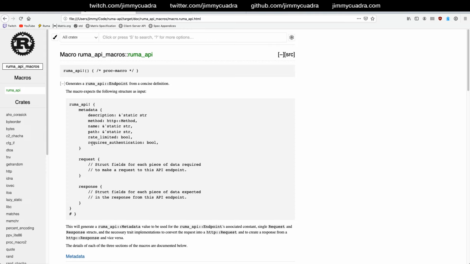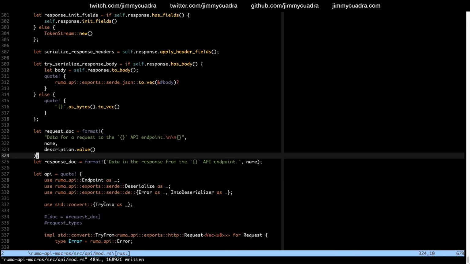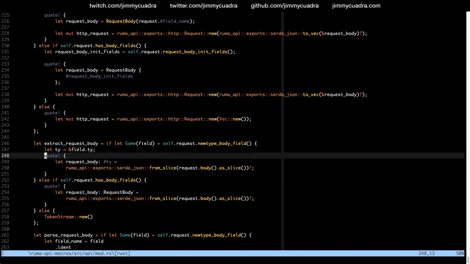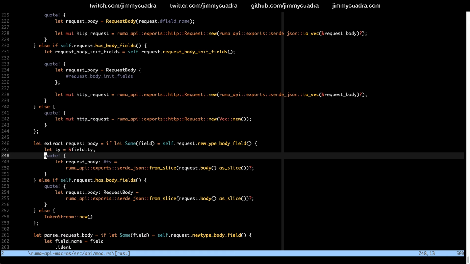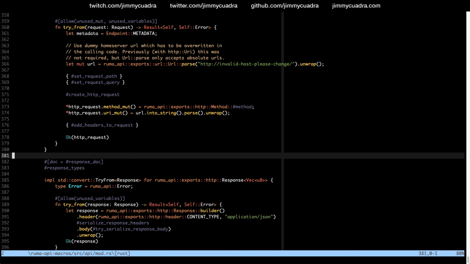We give it some metadata about the request, like a description of what the endpoint is for, what HTTP method it uses, the URL path, whether or not it's rate limited, whether or not you have to be authenticated to use it, and then we define the structure of the request and the response types. All we have to do is declare that, and at compile time, it will generate all of this stuff, which is the actual implementation for how that's going to work when it gets plugged into a client.